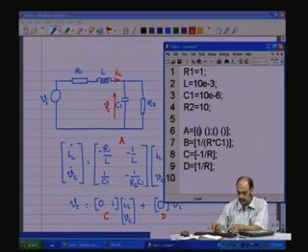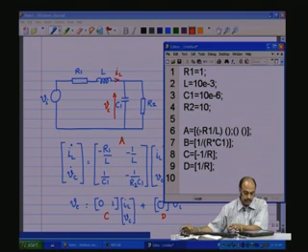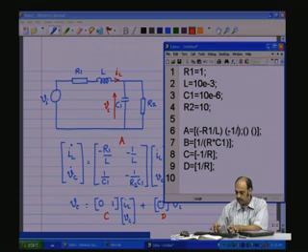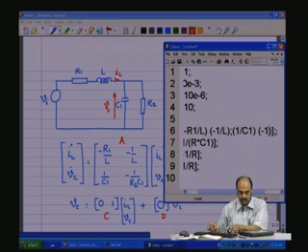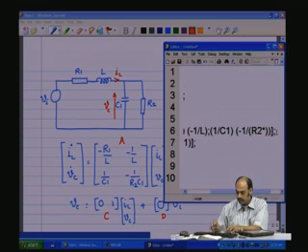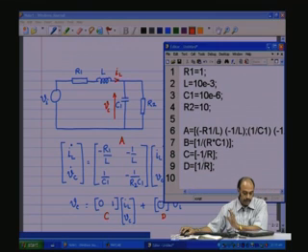So, you have first minus R1 by L. In the second position, we have minus 1 by L, and then we have 1 by C1, we have minus 1 by R2 into C1. So, we have the A matrix.